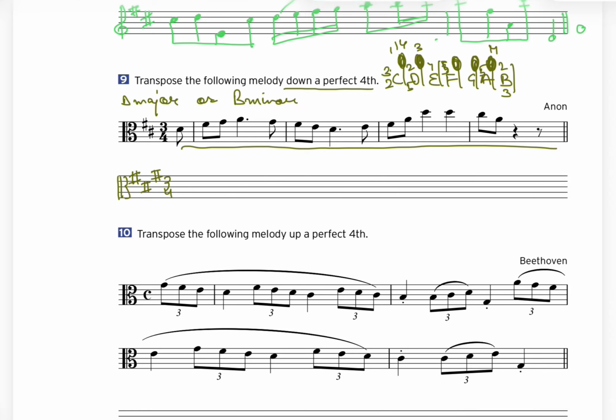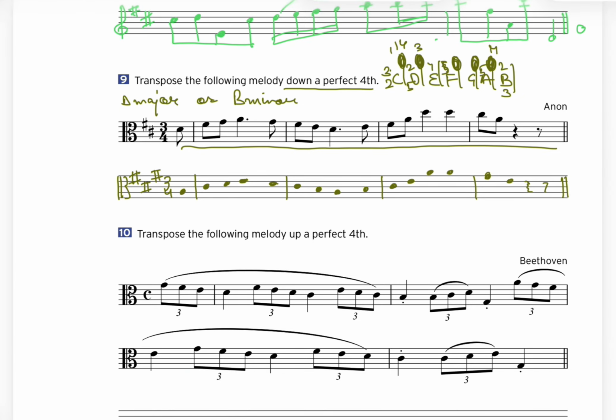So this note will go down here, continue slowly, and go here, this one goes, then the rest and rest.